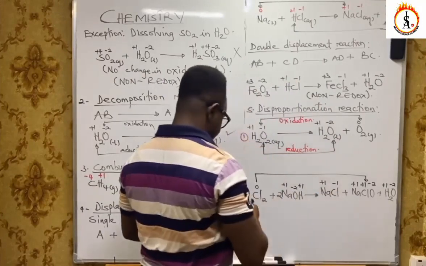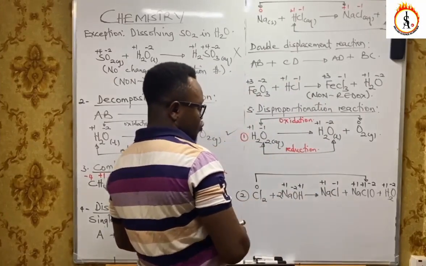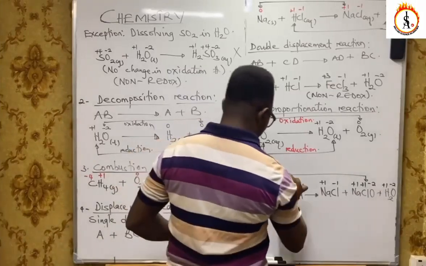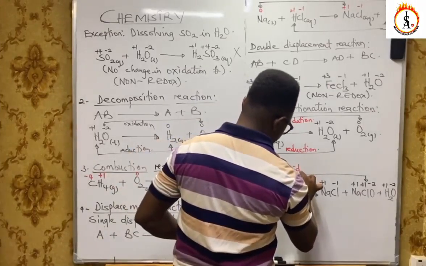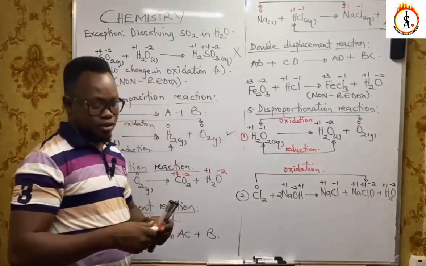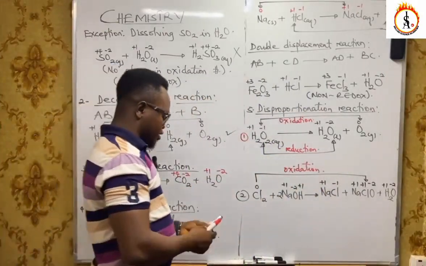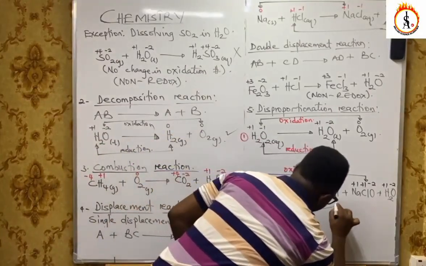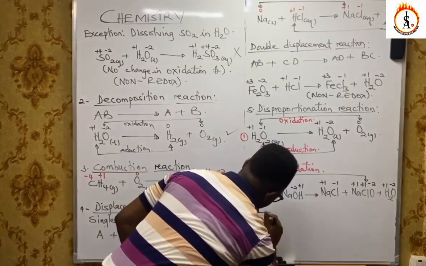Okay, so here it increases from 0 to +1. So that tells us in this case it is oxidation that took place. Oxidation took place here, and then the same chlorine again is reducing in oxidation number.